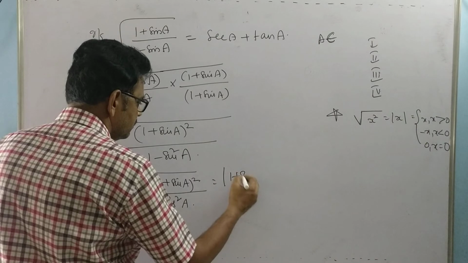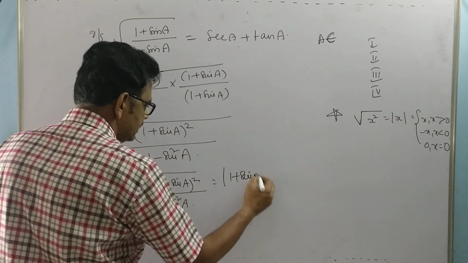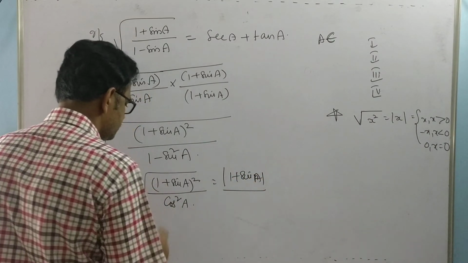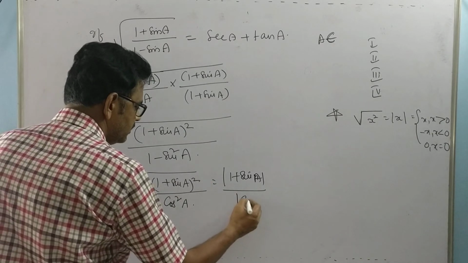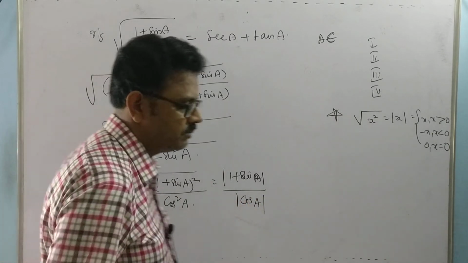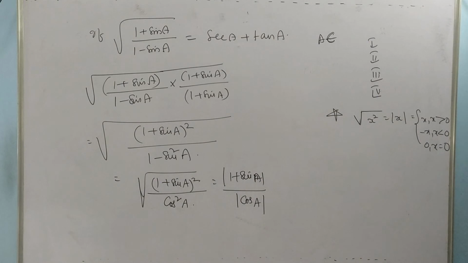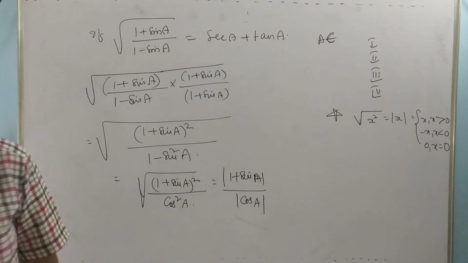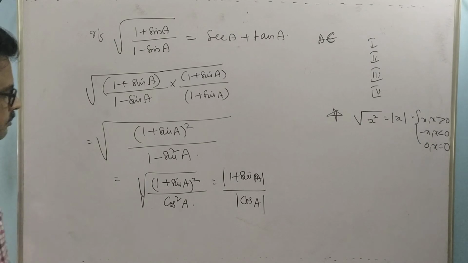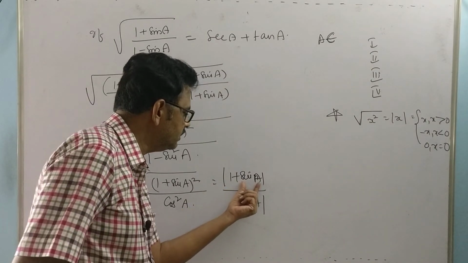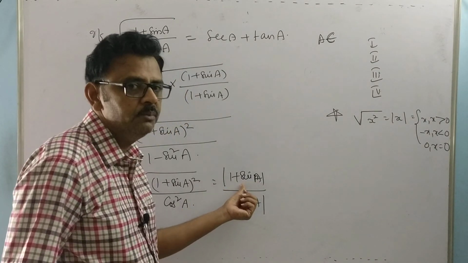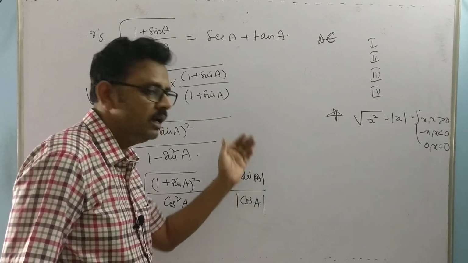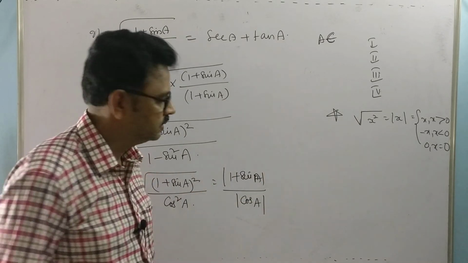Now this is equal to mod of 1 plus sine A by mod cos A. The maximum value of sine is 1, the minimum value is minus 1, so 1 plus sine A is always greater than or equal to 0.